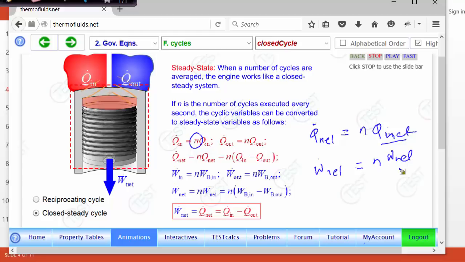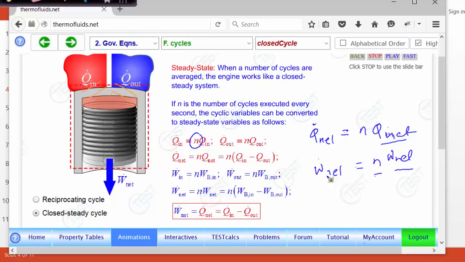We have shown that q net and w net are equal. So if n is the number of cycles executed every second, to find the rate of the power produced or the net heat in every second, all you have to do is multiply by the number of cycles per second. And that's where there's a catch.